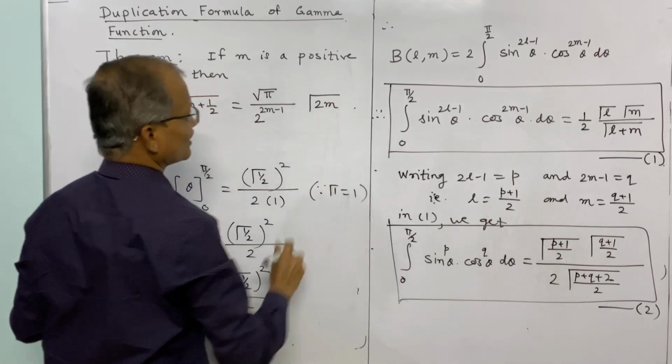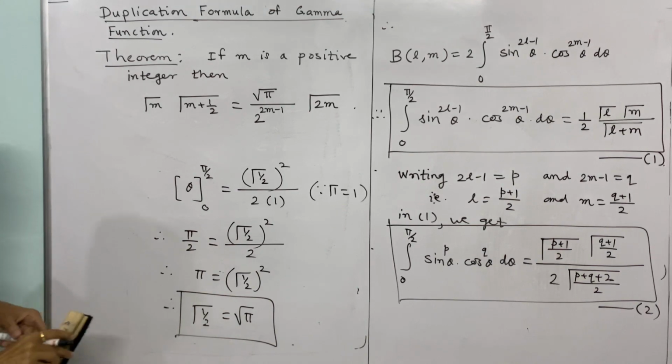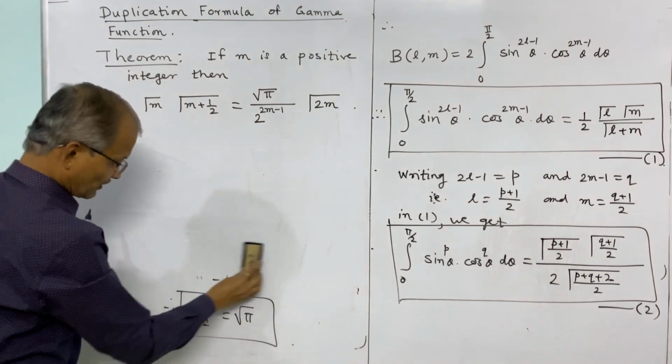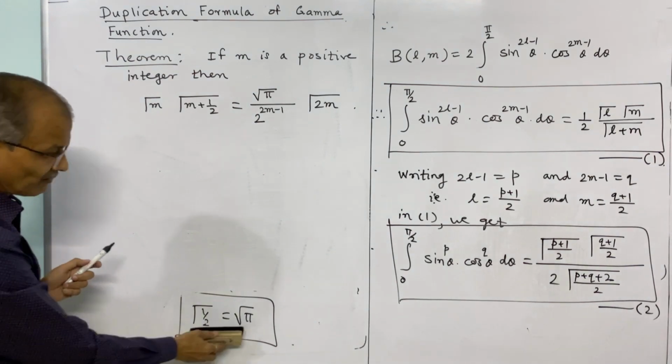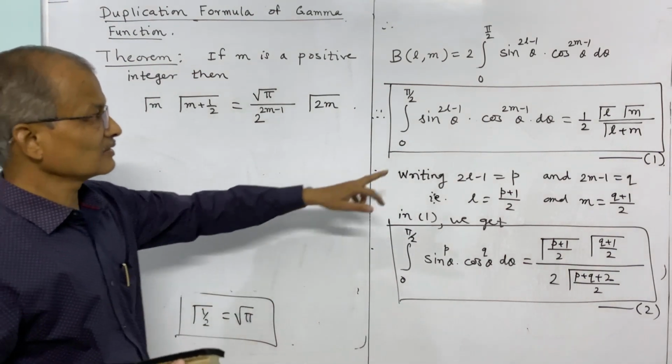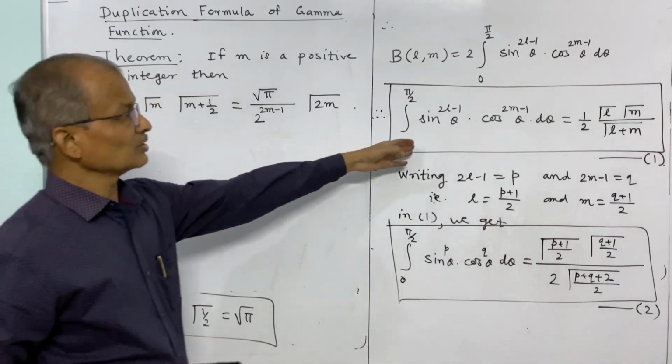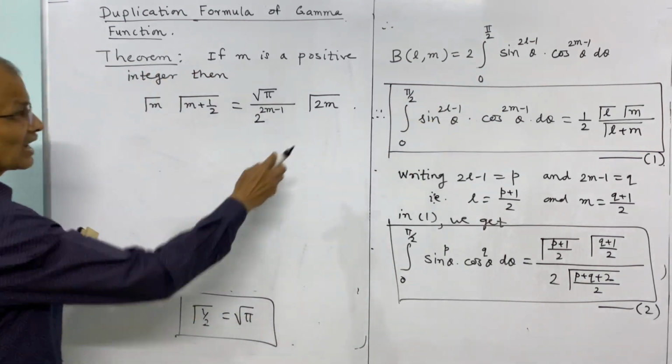This is the result that we have to prove. And for this purpose, we shall make use of this result also. We use gamma of half is equal to root pi, and this first result we shall use, that is integral 0 to pi by 2, etc. Now we start with that result.